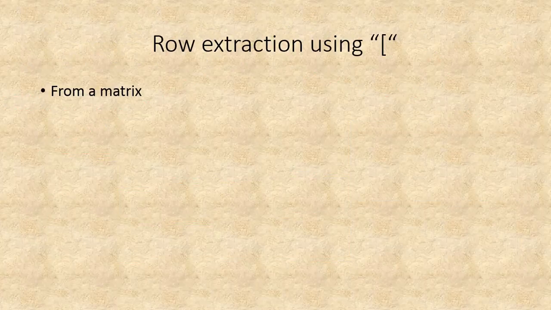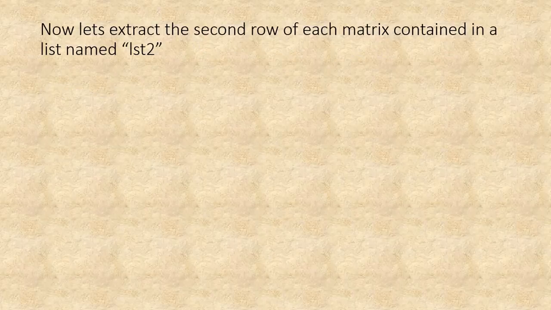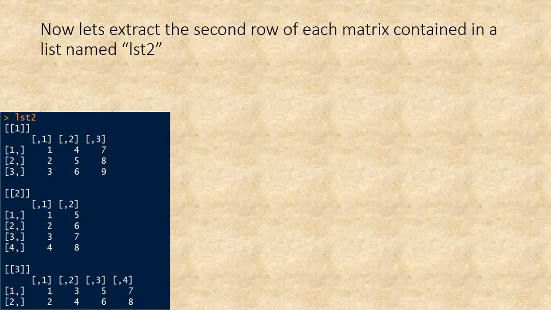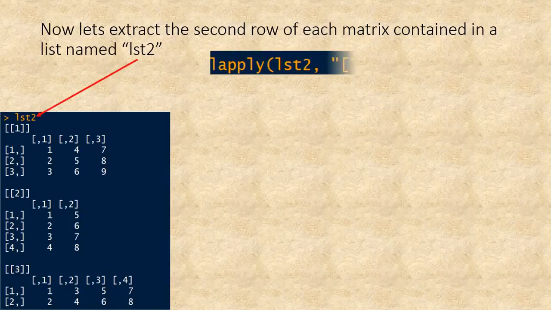Now let's extract a single row from each matrix that is contained in a list. As we know that a matrix has 2 dimensions, this function will have 2 arguments: first before the comma and second after the comma. If you are going to extract the row, then this is the place.